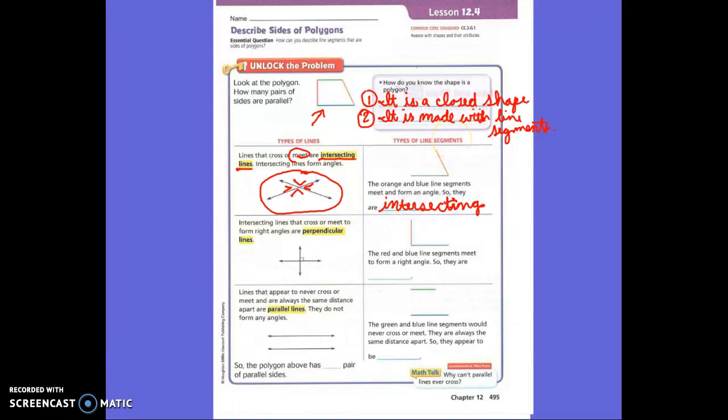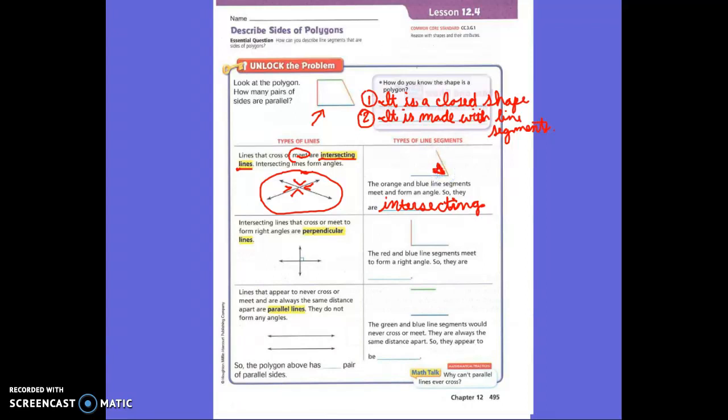Okay, that is one type of line, intersecting. If they cross or come together and touch each other, they are intersecting. They also form angles. You can see right here, this is another angle. I didn't draw that, but there's another angle.